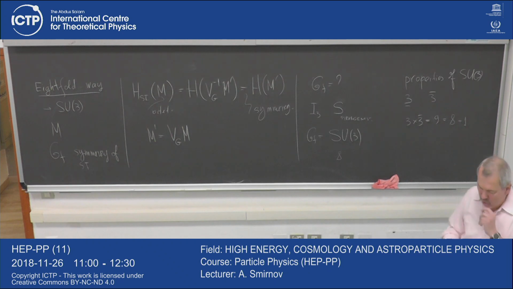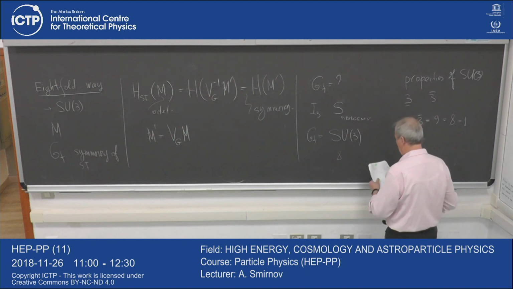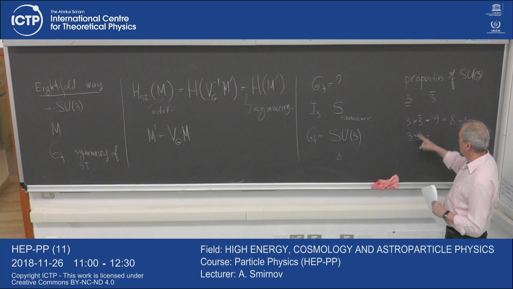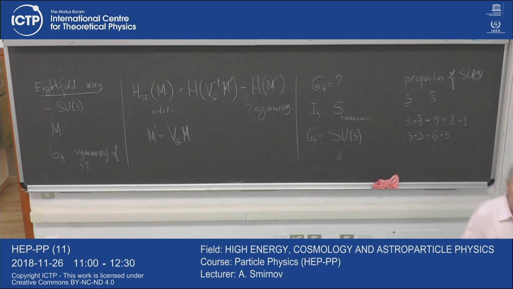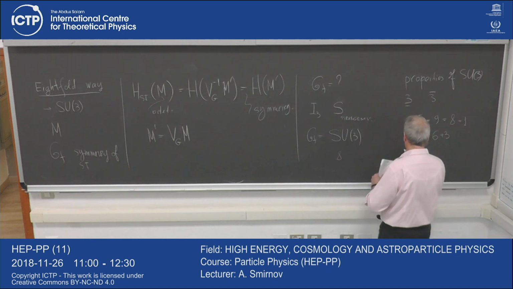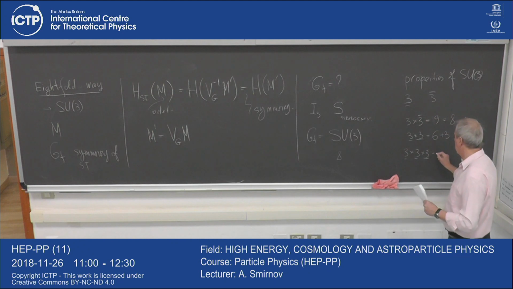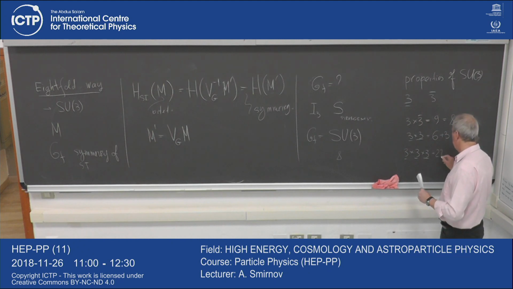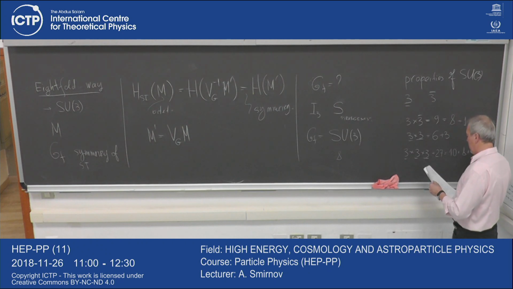We can also use 3 times 3, which again has 9 components, but since here we have a conjugate and here not, this is expanded as 6 plus 3 bar. And finally, we can of course continue this: we can use the product of 3 representations, which has 27 components, which can be expanded as 10 plus 8 plus 8 plus 1.